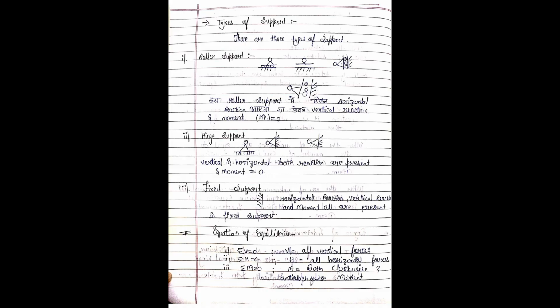And sigma M equal to 0 means the algebraic summation of all the moments is equal to 0, that is, the total clockwise moment is equal to the total anti-clockwise moment.